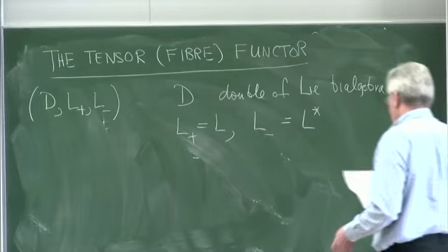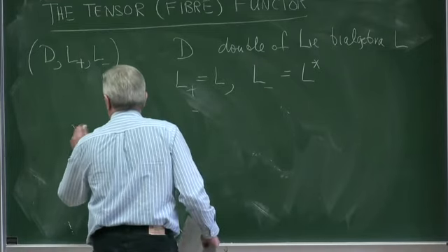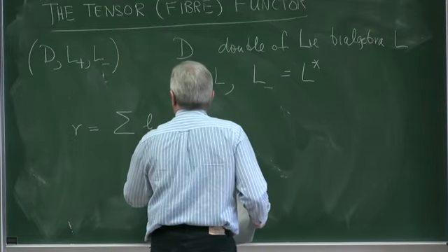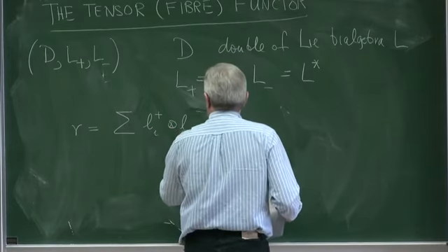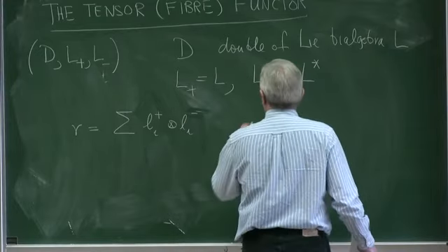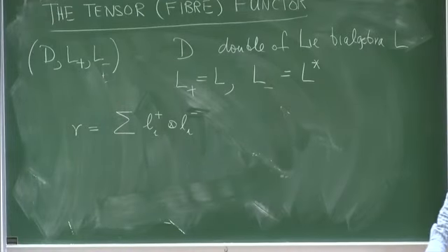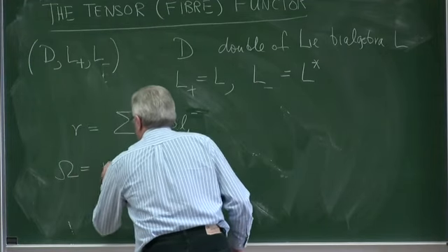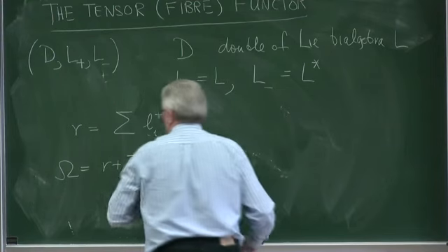Now, there are two things which I want to look at. One is R, which is the sum of Li plus tensor Li minus, where Li runs through a basis for L plus, and Li minus runs through the dual basis, and omega is R plus R transposed.